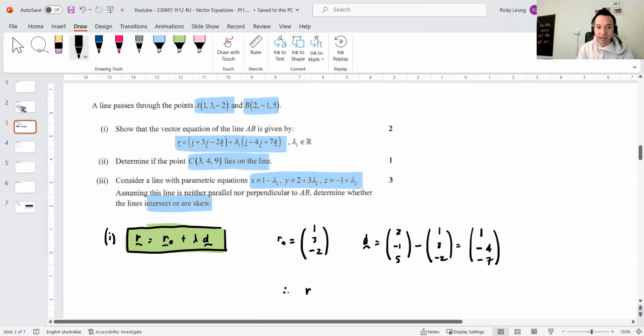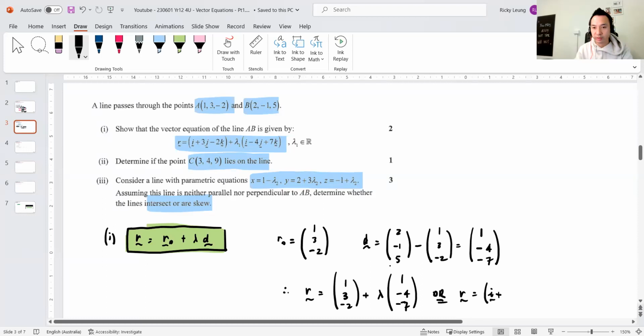So once you get that, r equals, I'll put it in column form first: 1, 3, -2 plus lambda 1, -4, -7. And then I'll write or. If they want it in Cartesian form, we put it in Cartesian form.